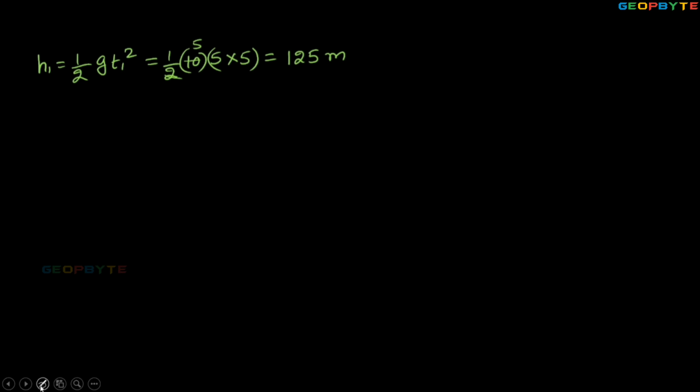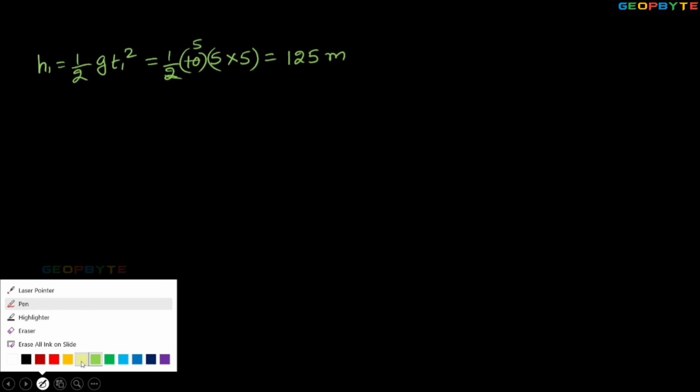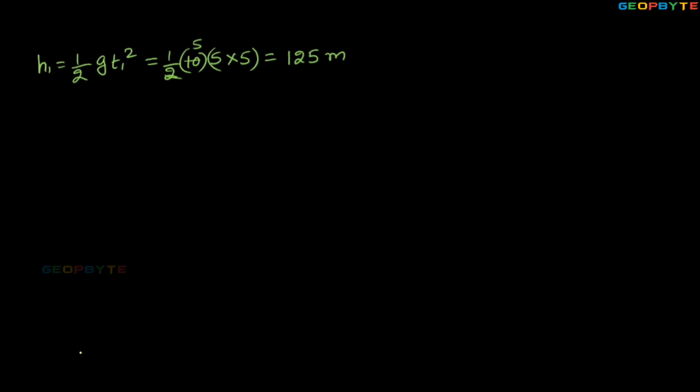The vertical distance traveled by the stone in the other 5 seconds, that is h1 plus h2, equal to half into g into t2 square. It is equal to half into g value 10, t2 is 10 into 10, 10 square.